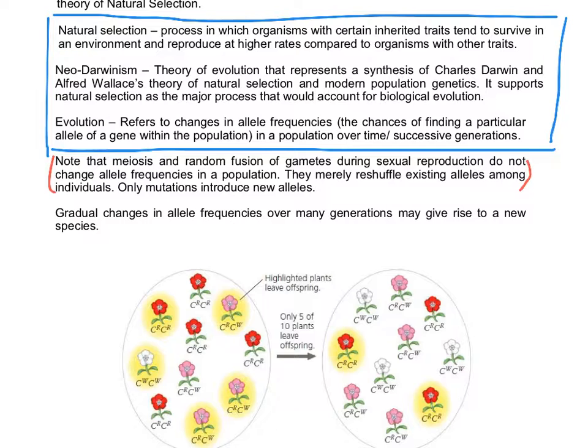So what is natural selection? It is a process where organisms with certain inherited traits tend to survive in an environment and reproduce at higher rates compared to other organisms. So you have a population of organisms with different traits, and based on how well they adapt to the environment, some survive better.